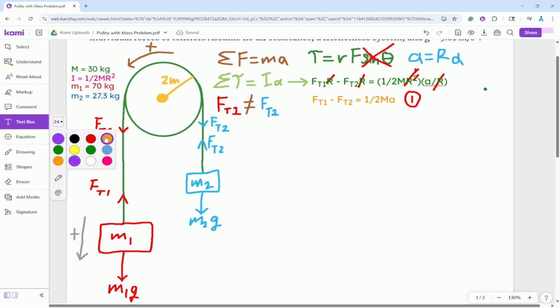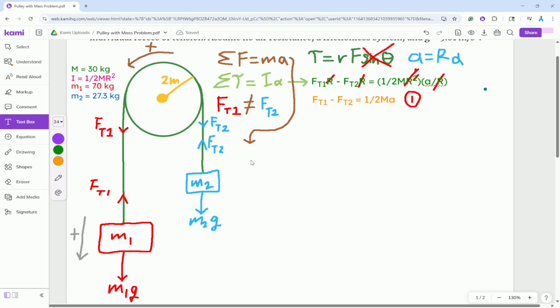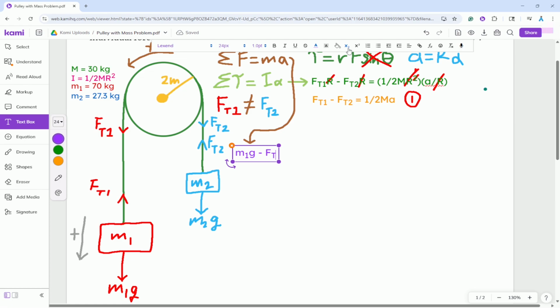So from this sigma equation, let me draw that a little better. You're gonna get this. For the 2, you're gonna get M1G minus FT1 is equal to, we're just focusing on the block, M1A.